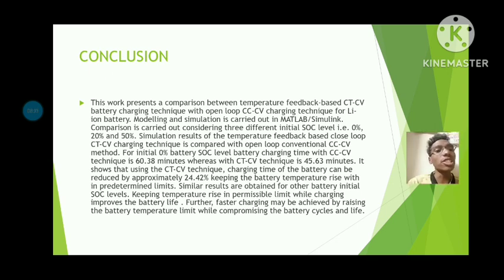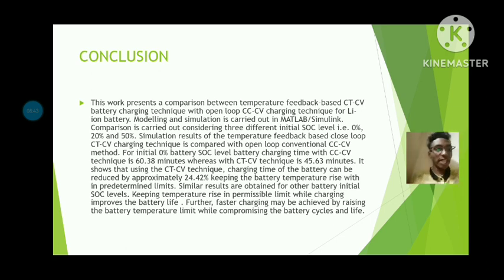Simulation results of the temperature feedback based closed loop CT and CV charging technique are compared with the open loop conventional CC and CV method for initial 0% battery SOC level. Battery charging time with the CC and CV technique is 60.38 minutes, whereas with the CT and CV technique it is 45.63 minutes.